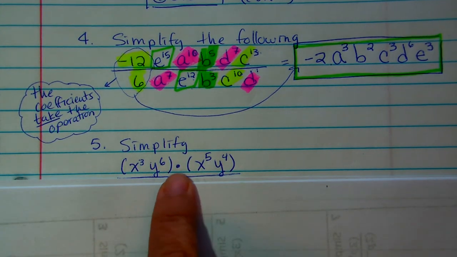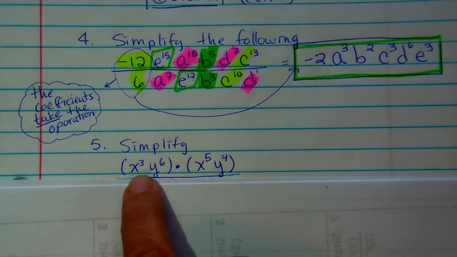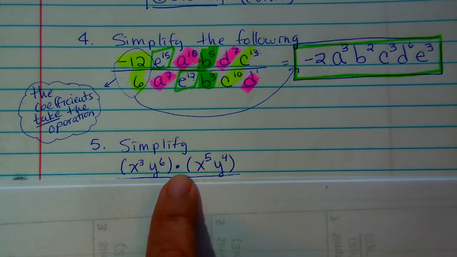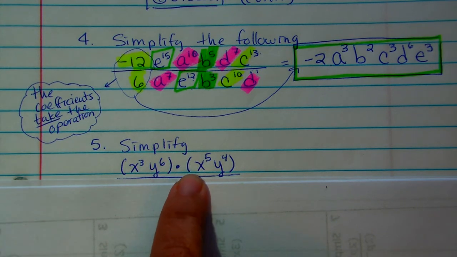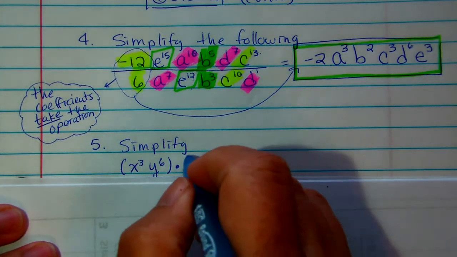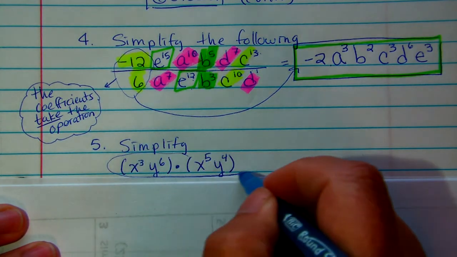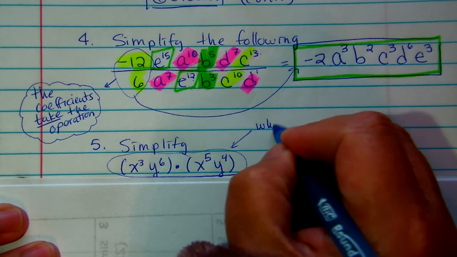We have a multiplication. So here we're going to apply the first law that we covered. When you multiply, you add the exponents. Okay, so let's make this note right here. Write it down.